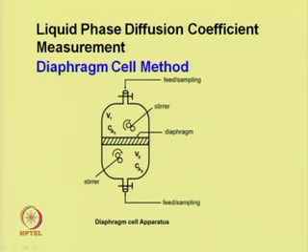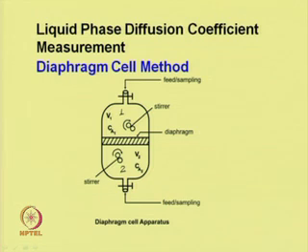These diaphragms are porous in nature, and in two compartments, compartment 1 and compartment 2, we can take two different concentrations of the liquids and allow them to diffuse between the compartments.